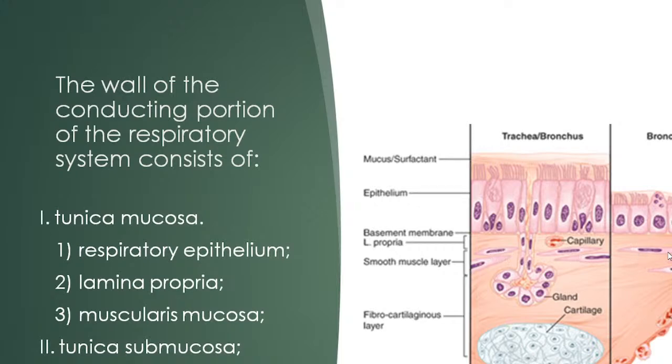Lamina muscularis mucosa consists of smooth muscle cells, and when the airway diameter decreases, the layer of smooth muscle cells increases. It's increasingly prominent as the airway's diameter decreases.